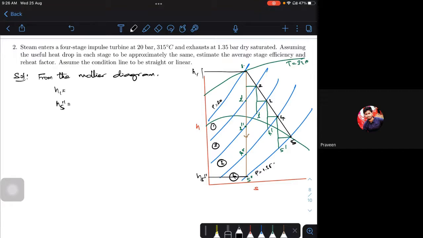Deepak. It's easy to get the value of H1. One of you tell me the H1 value, the other one can tell me the H5 double dash value.